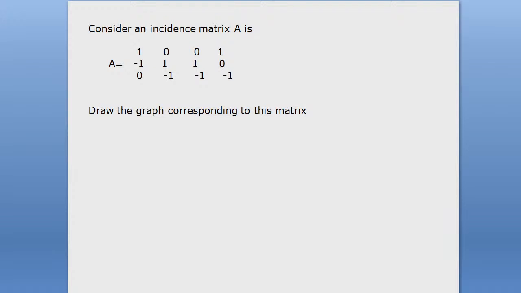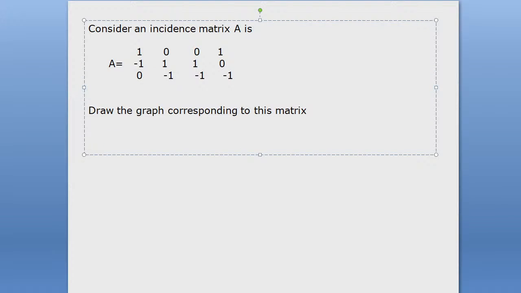So here you see the total number of nodes is 3 and the total number of branches is 4. By inspection or observation of the incident matrix, we can say this. First, everyone write the number of nodes and number of branches.